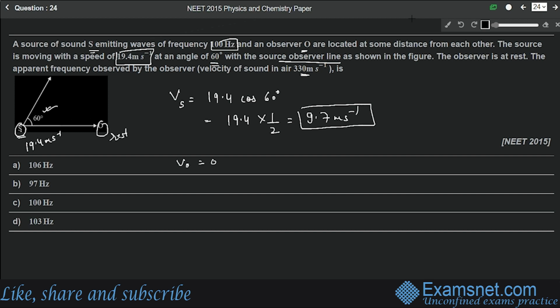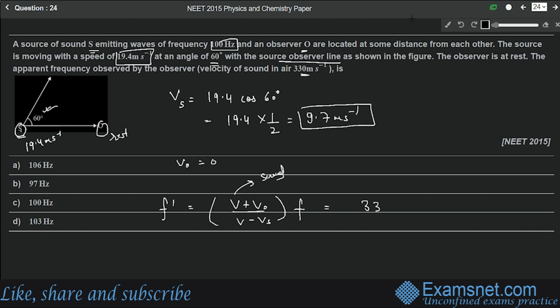So we have to find the apparent frequency observed by the observer. So we know the formula f dash, apparent frequency, is equal to (V plus Vo) upon (V minus Vs) into frequency f. V is the speed of the sound in air, that is given as 330 meter per second.